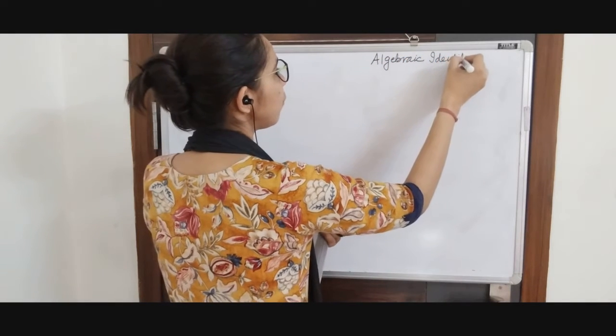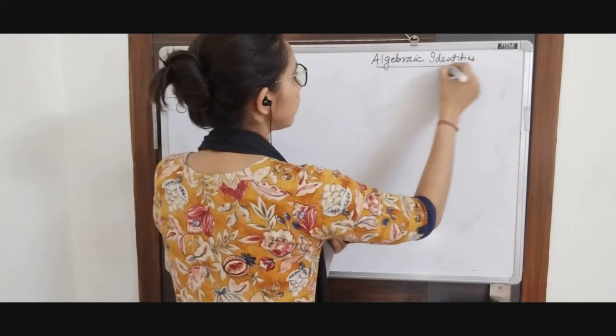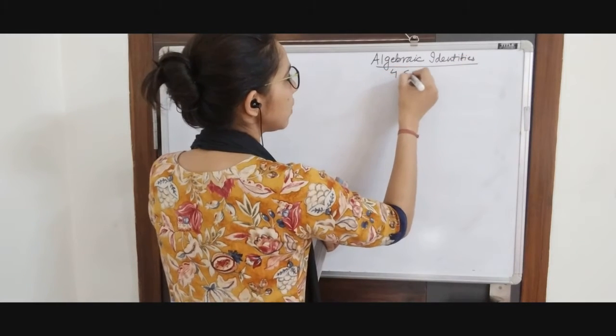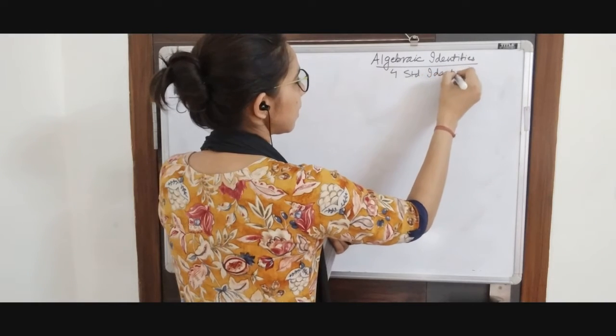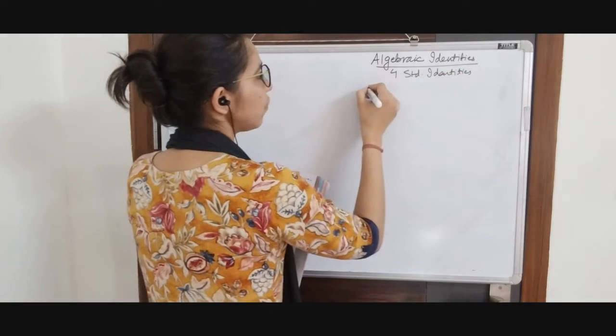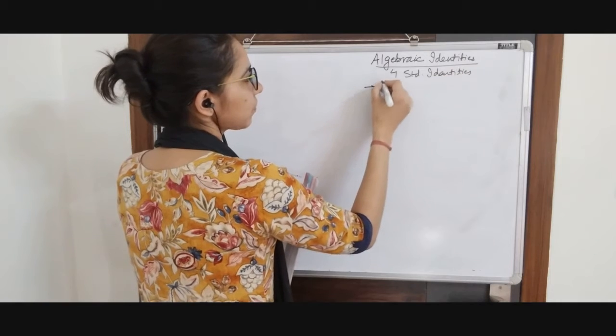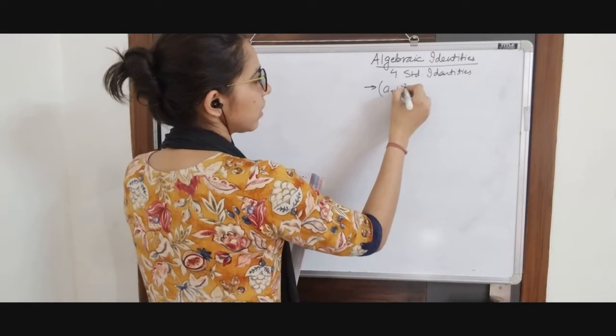We have four standard identities. The first one is (a plus b) whole square.